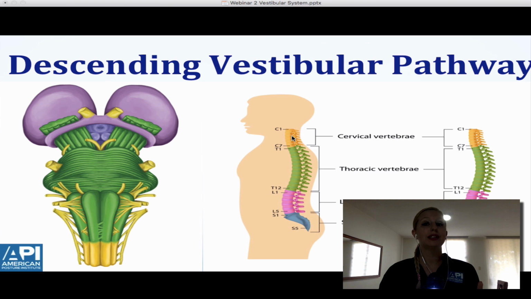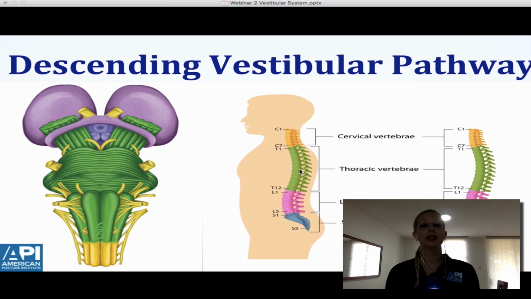There are multiple, but the most important descending vestibular pathways are the medial and the lateral vestibulospinal tract. One descends directly to the cervical spine. The other, the lateral vestibulospinal tract, descends to the intrinsic musculature of the spinal column, most specifically of posture quadrant 2, or the thoracic spine.